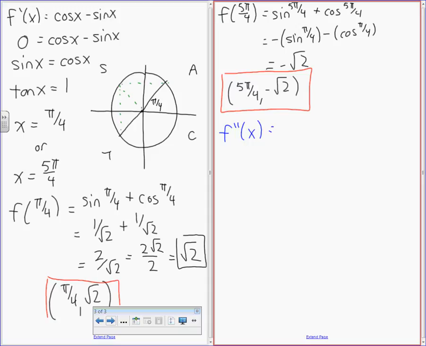Give me f double prime of x, please. Minus sin x. Where I got that from was the derivative of cos x is negative sin x, the derivative of sin x is cos x, and they're both negative, so it goes like that. I'm going to solve this equation.